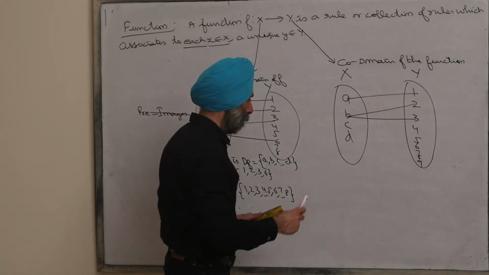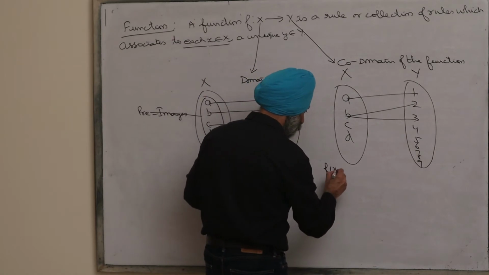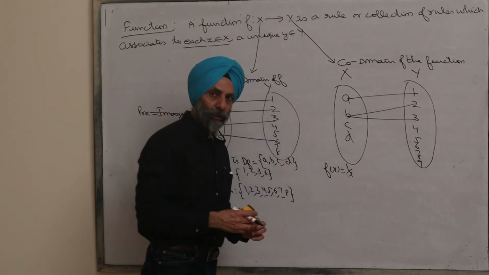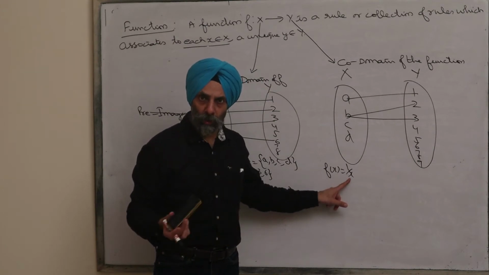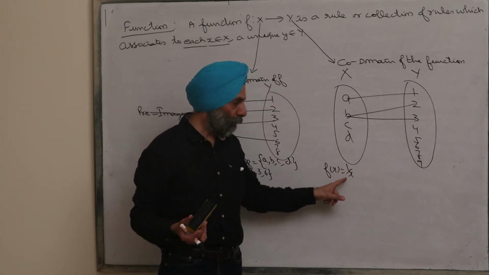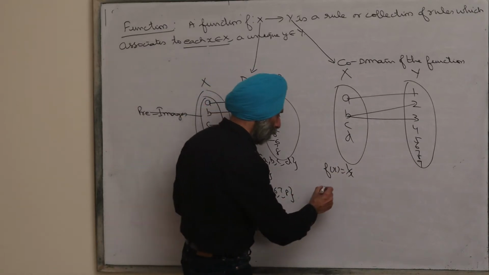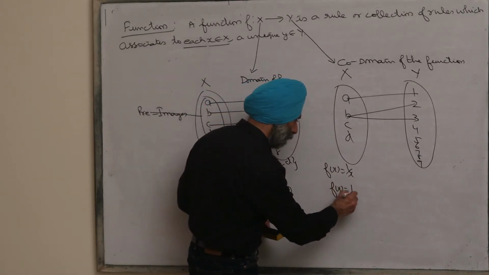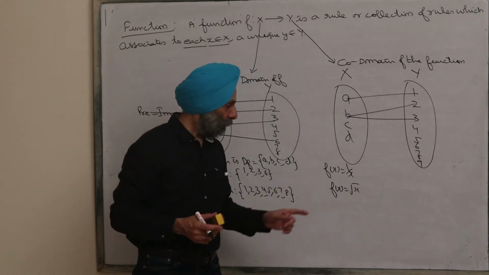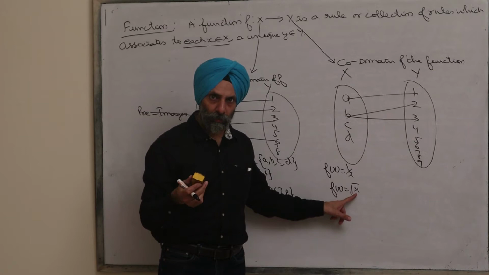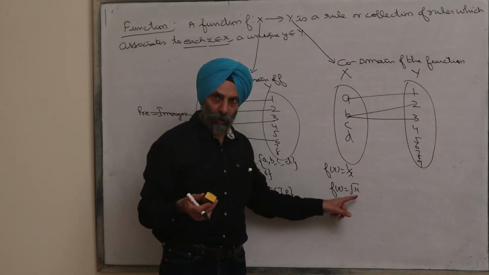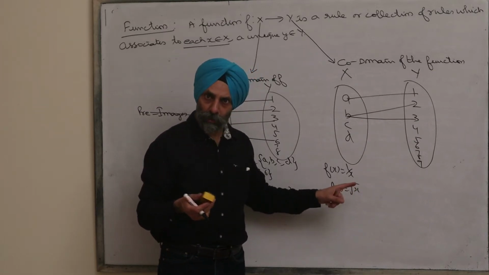What do you mean by this? For example, f(x) is equal to 1 over x. Can this function be defined for x equal to 0? No. The denominator should not be equal to 0. Now, for example, f(x) is equal to root x. Since the value within the square root should always be non-negative, can it be defined for negative values of x? No, it cannot.